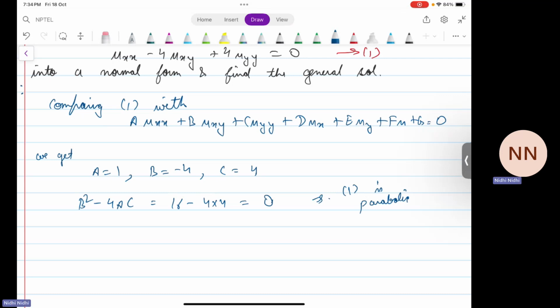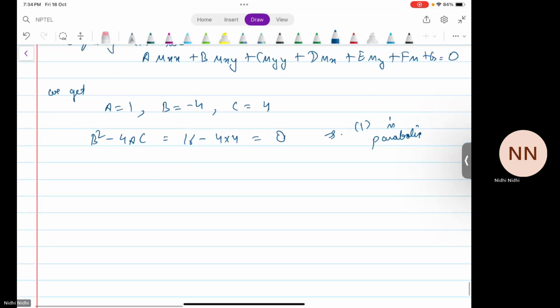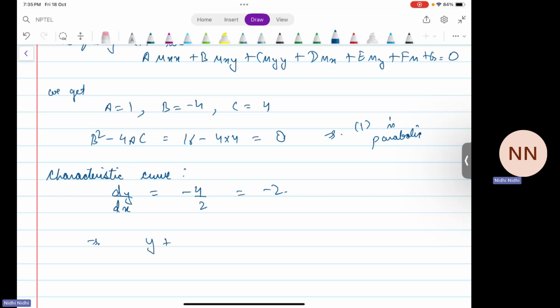And our characteristic curve is given by dy by dx is equal to minus b plus minus 0 by 2a. So this is minus 2. So from here, integrating it, we will get y plus 2x is equal to constant.